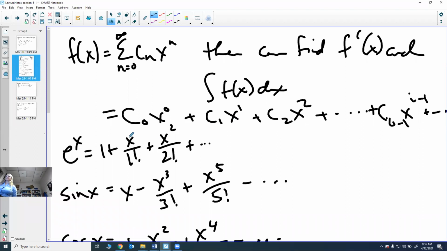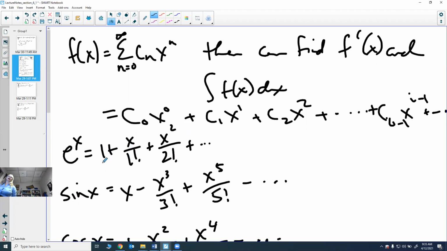There are many different functions that have power series representations. e to the x can be written as a power series. It is 1 plus x over 1 factorial plus x squared over 2 factorial plus x cubed over 3 factorial, and it keeps going forever. Notice in this case the coefficients are 1, 1 over 1 factorial, 1 over 2 factorial, and so forth.